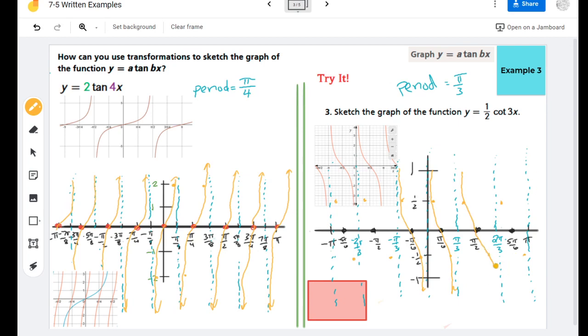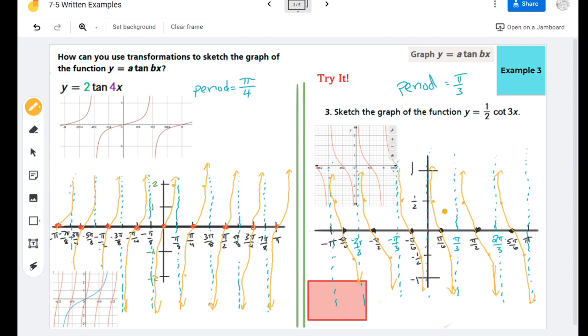Just remember, the cotangent and the tangent, they end up running along those asymptotes, right? So these are getting closer and closer to those blue lines, but never touching. But y'all, I can't draw. The other thing is that when we get to such small increments, people tend to shut down because there's so much going on the graph.